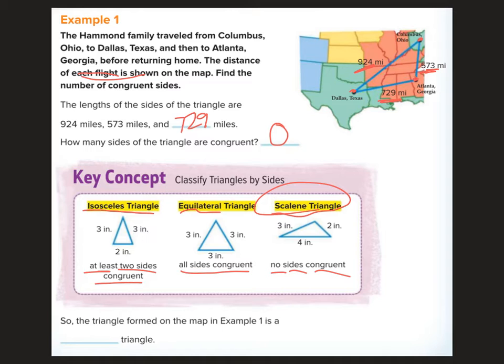So if you have an equilateral triangle, it is also isosceles because the rule for isosceles is that at least 2 sides are congruent. So that's kind of one of those little known facts there. So the triangle formed on the map, example 1, is a scalene triangle because 0 sides are congruent, or another word for congruent is the same.